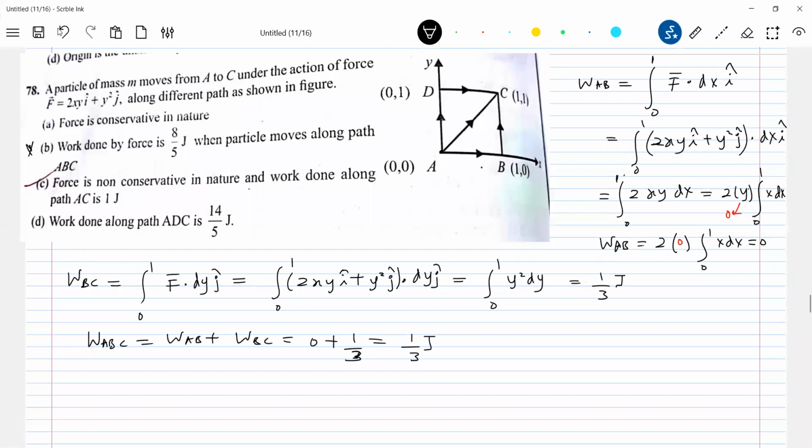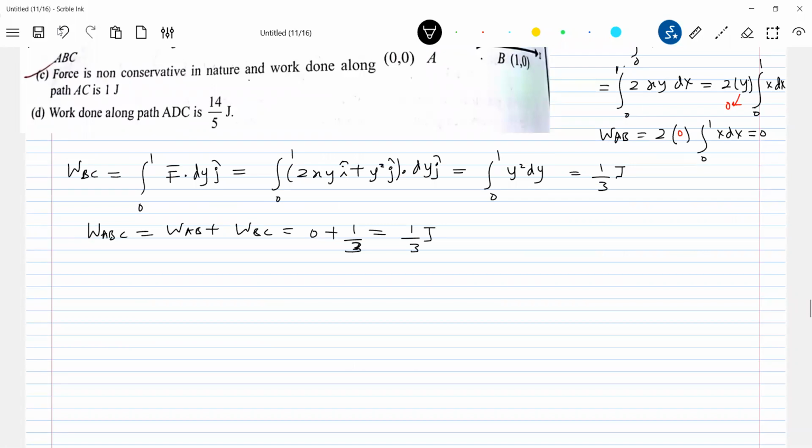The other path is AC, I'll take it. Work done along ADC, we'll check it. So first along the path AD, then DC. Shall I integrate the total at a time? Instead of breaking it into parts, I'll go direct. So what should be the limit? 0, 0 to 1, 1.